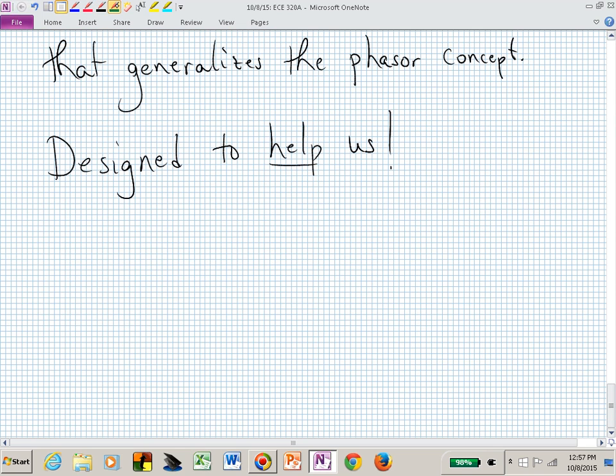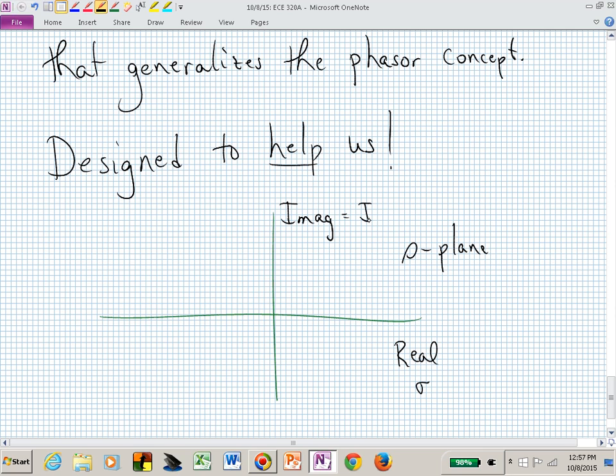And one way to think about this complex frequency variable is in the s-plane, which has a real axis. That's the horizontal axis, and typically we will label or call the real variable sigma, and the imaginary axis, and sometimes I might say this is the imaginary part of s, or this might be the real part of s. This, a lot of times, we associate with omega.